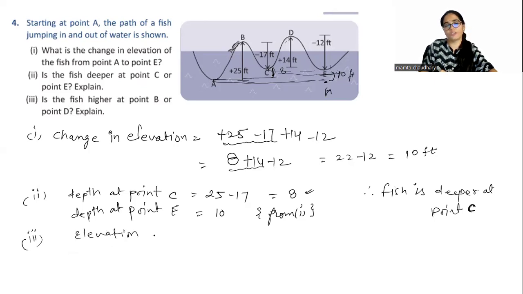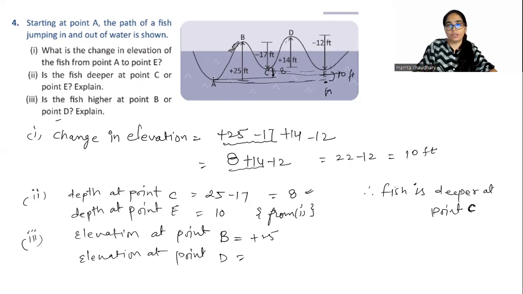Elevation at point B. Where's point B? Here. It's plus 25. And elevation at point D: plus 25 minus 17, plus 14.